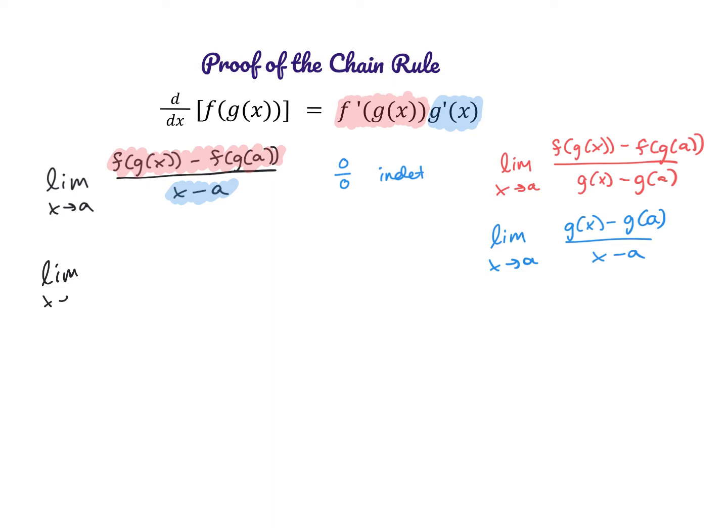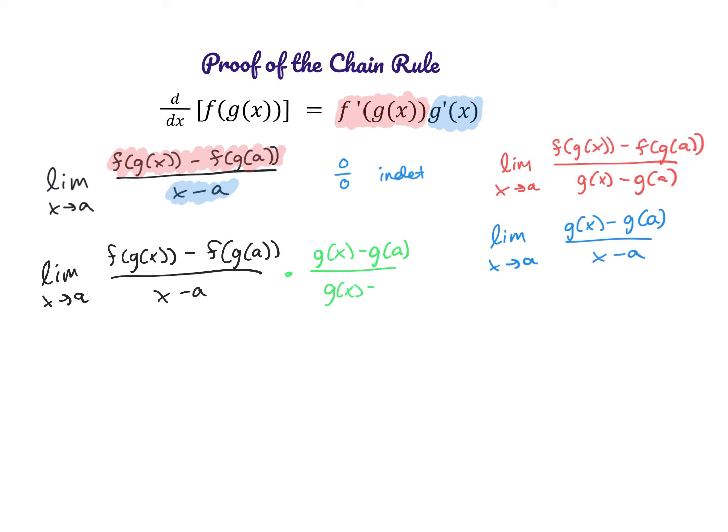So we can actually multiply our limit by g of x minus g of a over g of x minus g of a. I haven't changed the value because I'm really just multiplying by a form of 1.